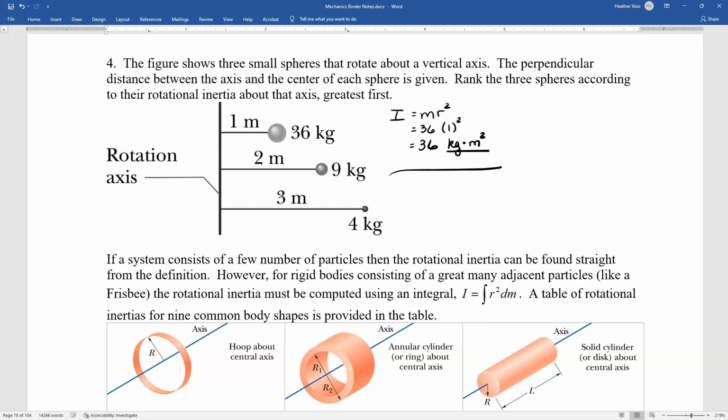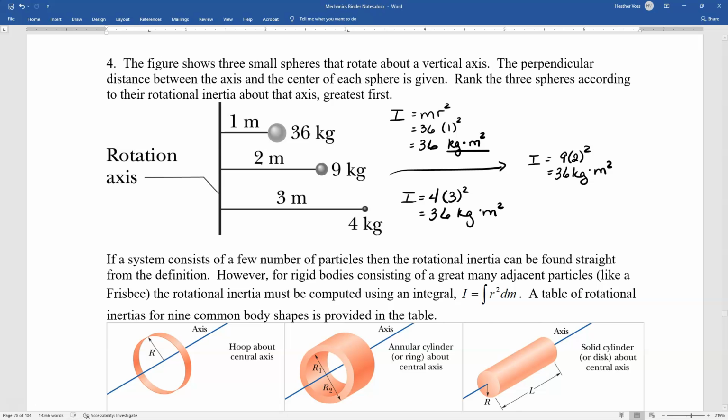If I look at this second particle, using that same equation, the moment of inertia is going to be 9 times 2 squared. So it's going to be the same, 36 kilograms meter squared. If I look at this third one, moment of inertia is going to have to be 4 times 3 squared. Again, we're going to get 36 kilograms meters squared. So it's important to realize that even though you have different masses, you could have the same resistance based on where you are located.